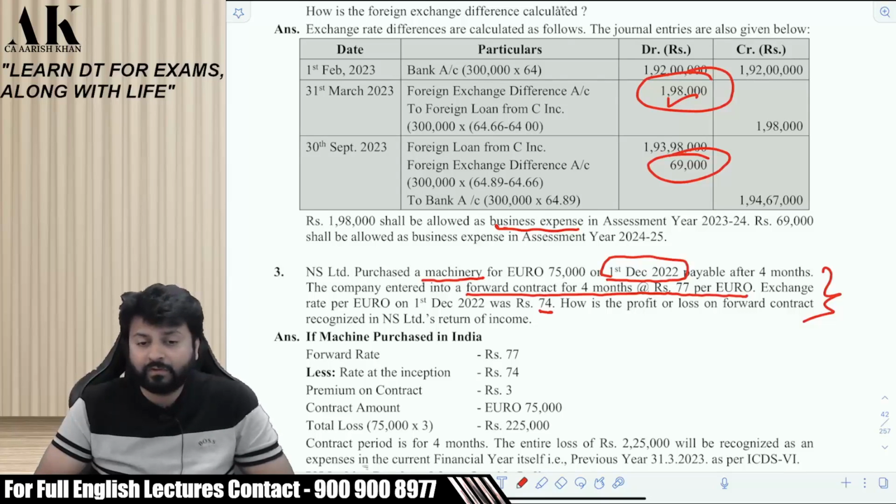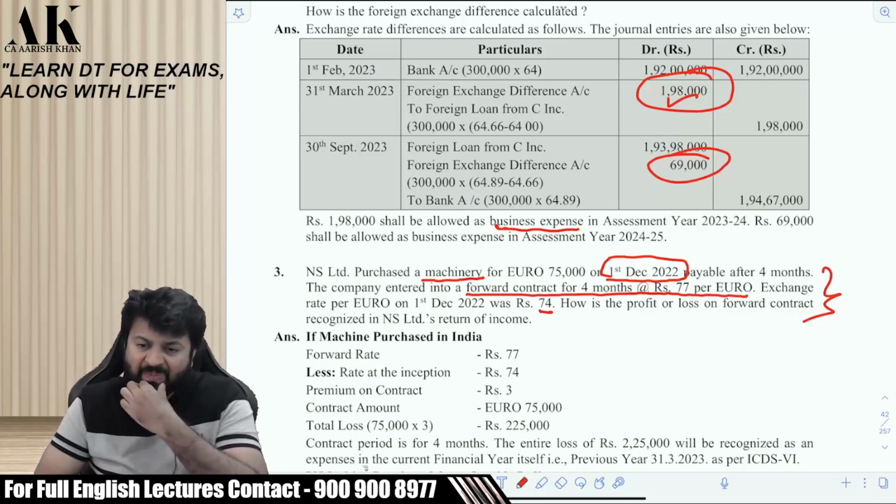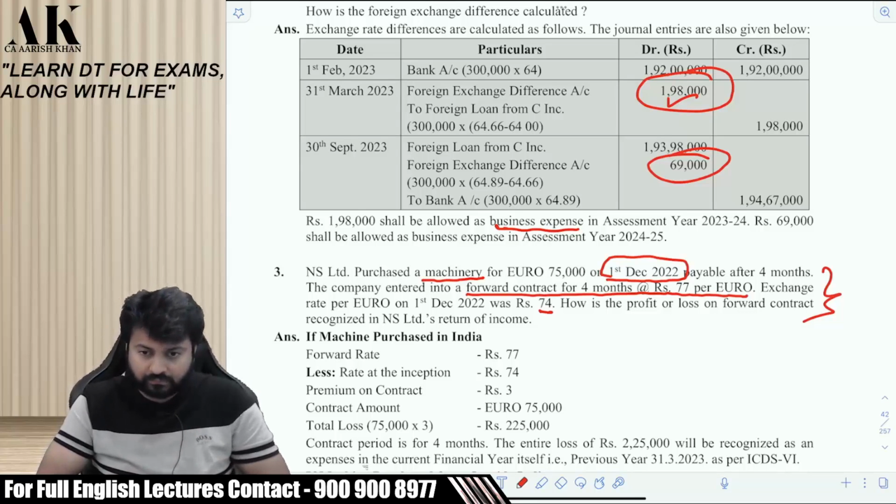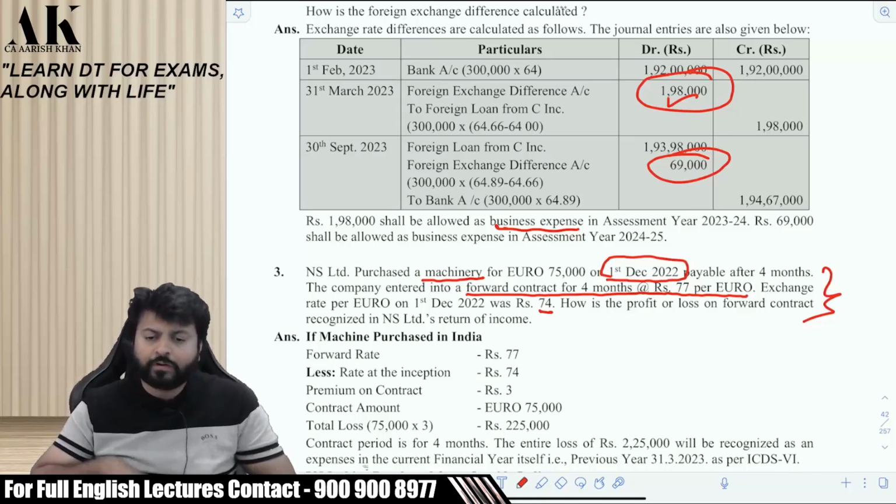From which country? Is it purchased from India or from outside India? Nothing is mentioned. So you have to make both the assumptions.